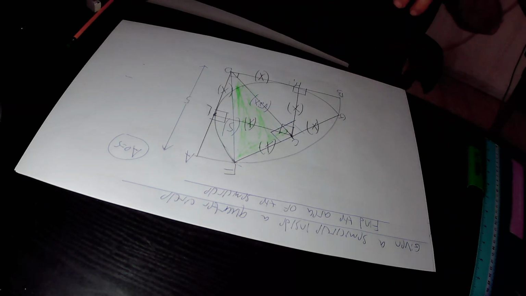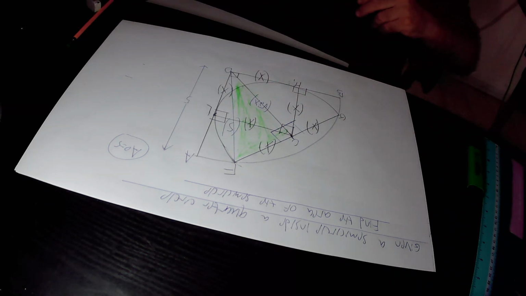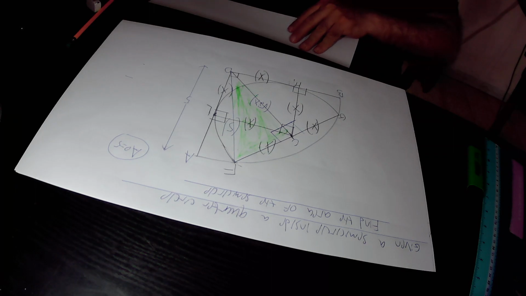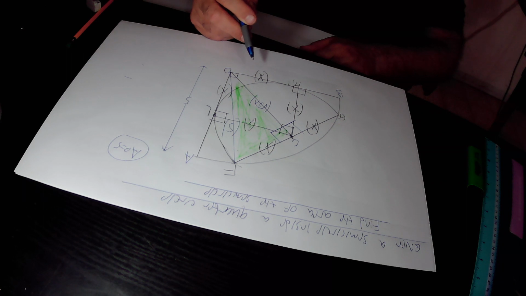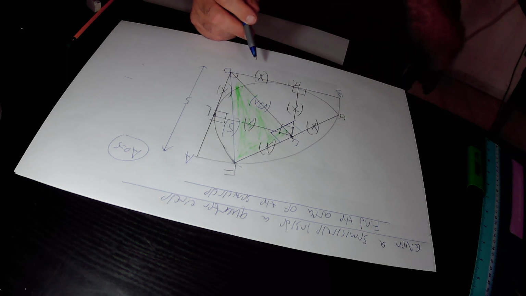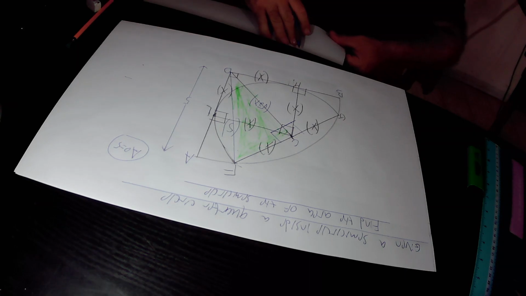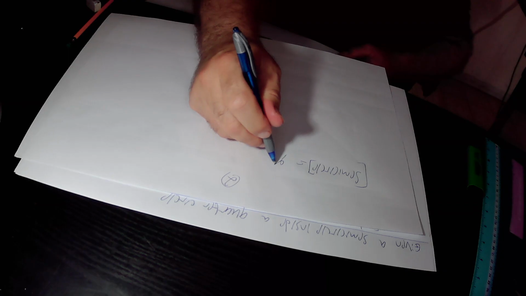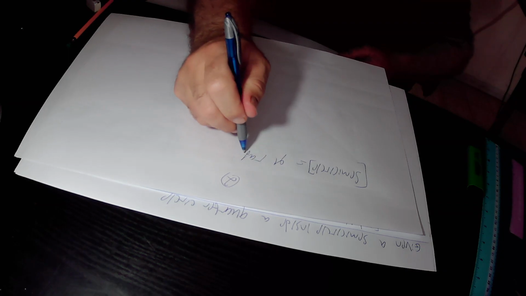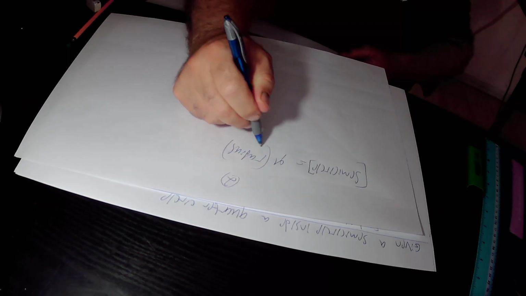Our mission is to find out the area of this semicircle. So what is the area of the semicircle? The area of the semicircle equals the area of the circle over 2. The area of any circle is pi times the radius of the circle squared.